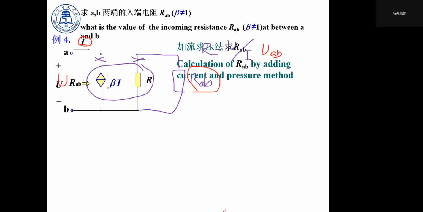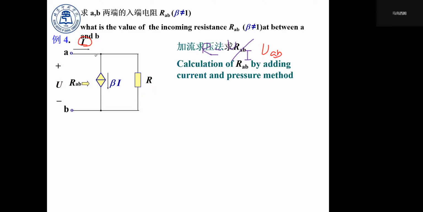So we can just assume that the voltage between point A and point B is U, and we know that the voltage on resistor R is also U, because those two branches are in a parallel connection.